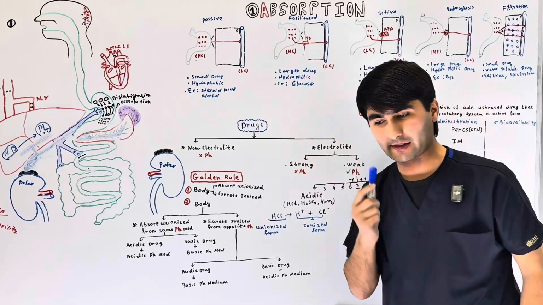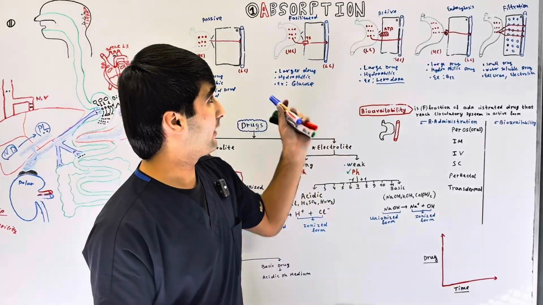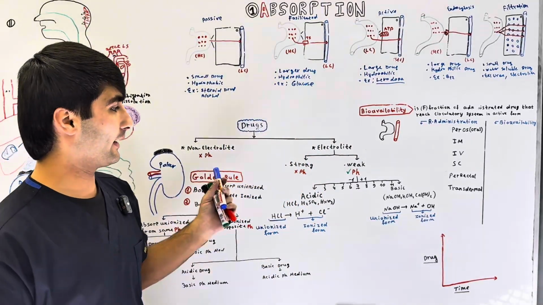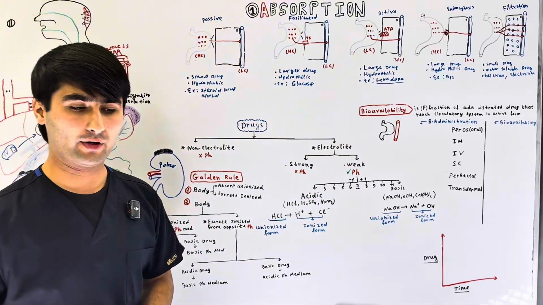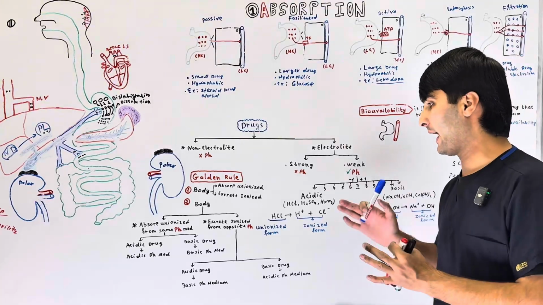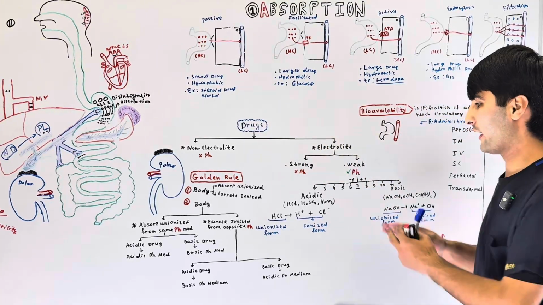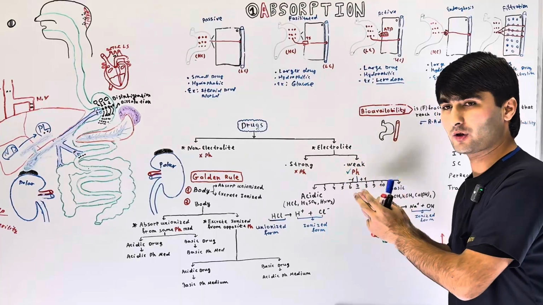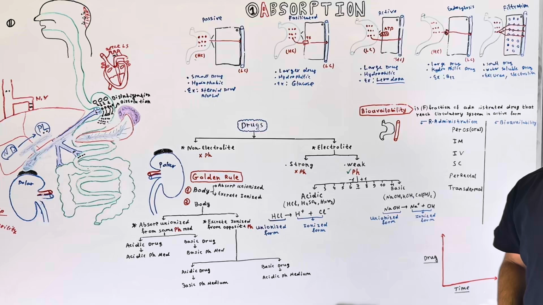So the question arises: why is pH so important for drug absorption if only weak electrolyte drugs depend on it? The answer is that most drugs, according to their chemical nature, are weak electrolytes. That's why I told you pH is the most important factor affecting each mechanism of absorption.